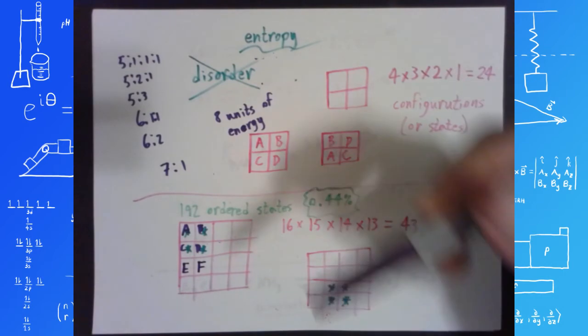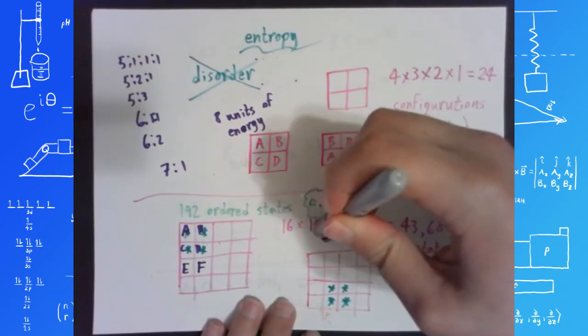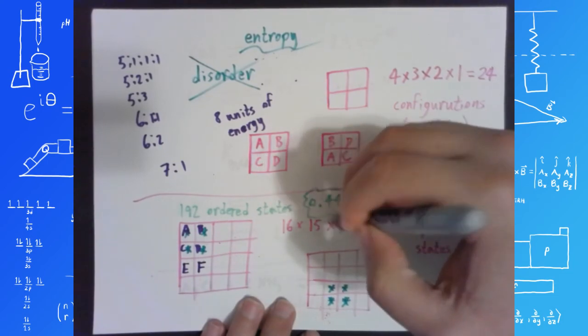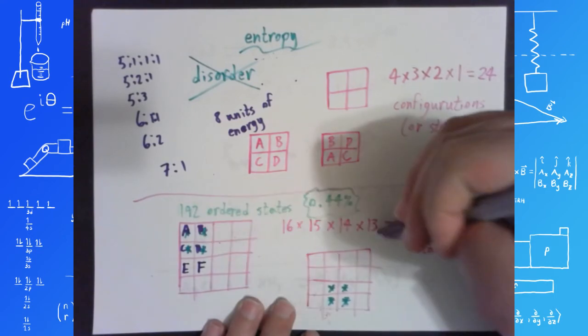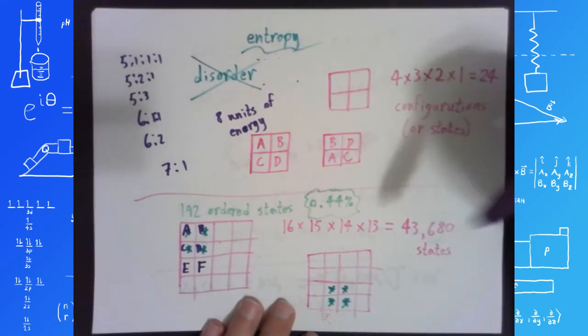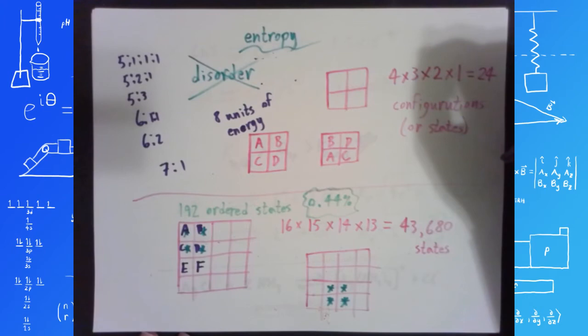Well, now it's 16 places for particle A times 15 possible places for particle B times 14 for particle C times 13 for D times 12 for E and times 11 for F. So that increases the number of possible microstates by a factor of 12 times 11 is 132.